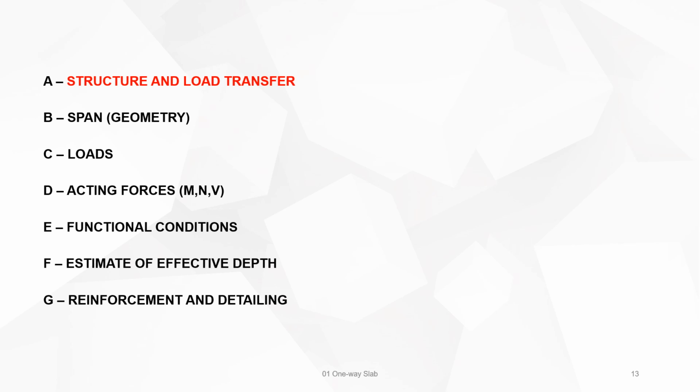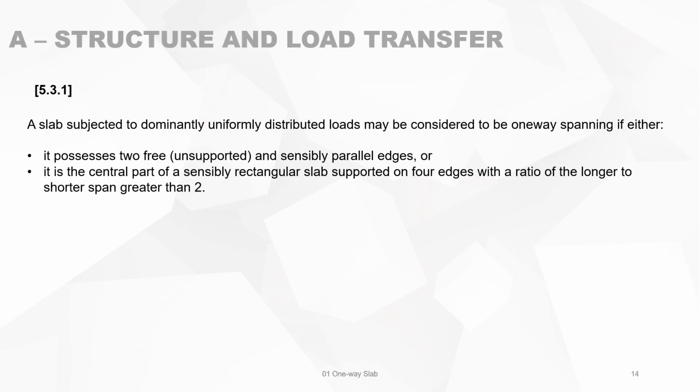Now let's talk about structure and load transfer. A slab subjected to dominantly uniformly distributed loads may be considered to be a one-way slab, or one-way spanning, if there are two conditions: it possesses two free, unsupported, and sensibly parallel edges, or it is the central part of a sensibly rectangular slab supported on four edges with a ratio of the longer to the shorter span greater than 2.